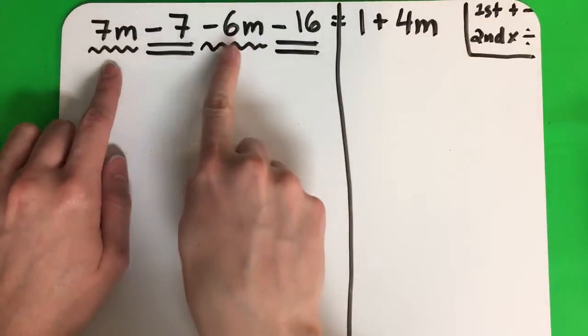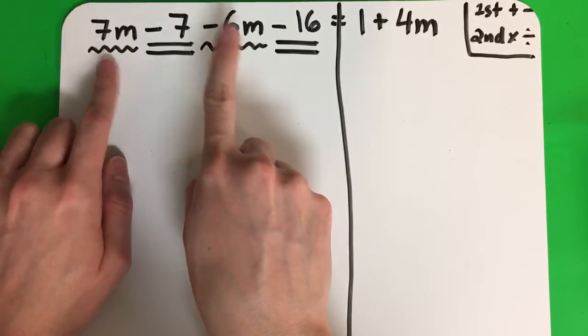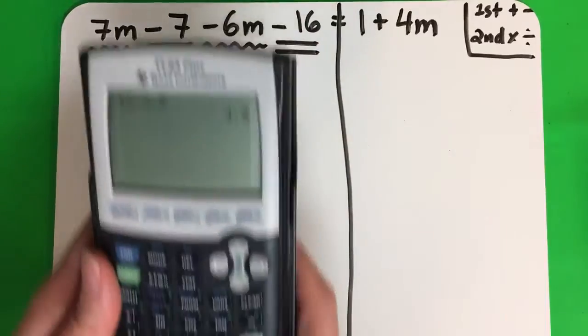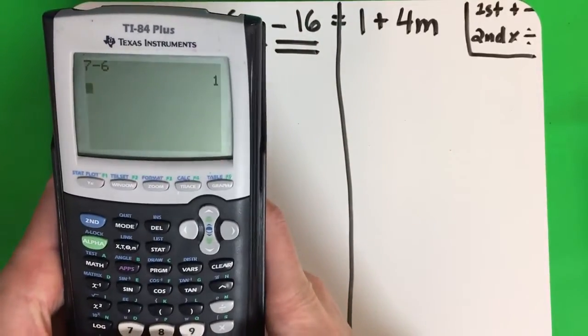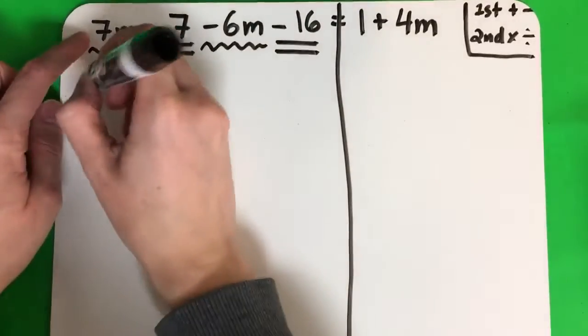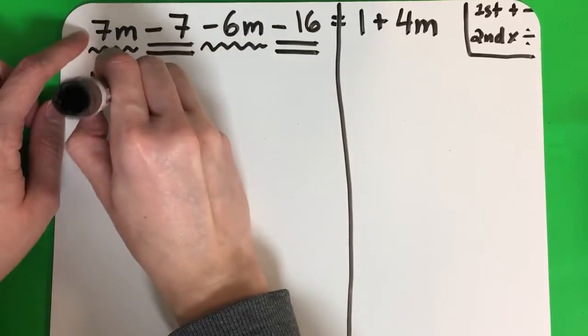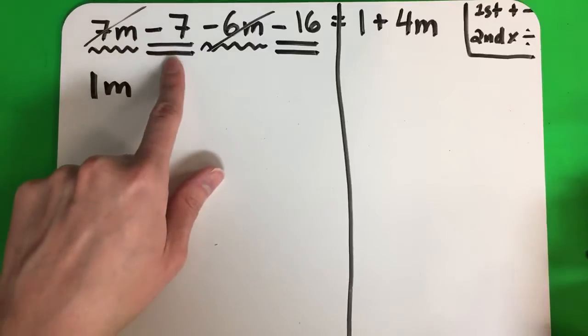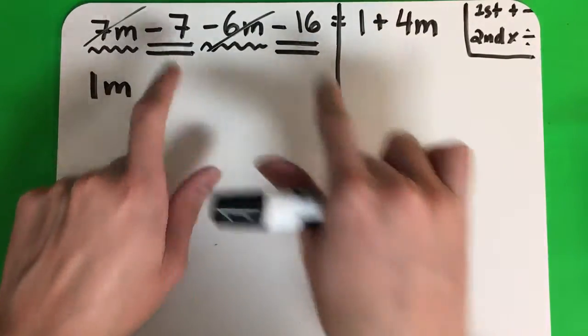So first we're going to put in the calculator 7 minus 6, 7 menos 6. So that's going to be 1. So 1, copy the letter M. Now negative 7 minus 16.